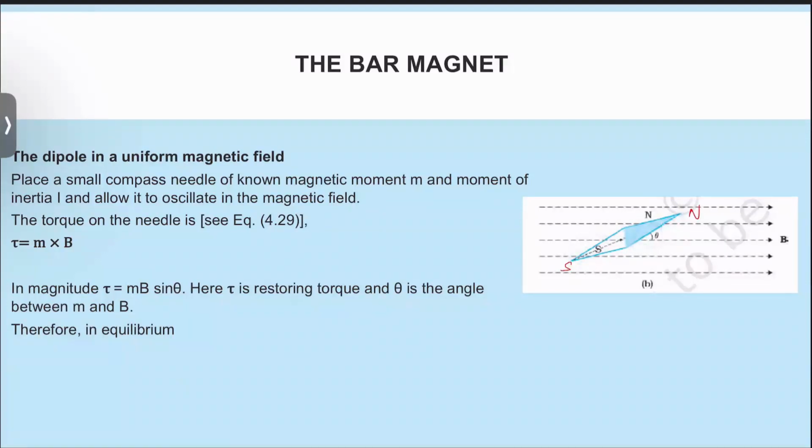There is a moment of inertia associated with this compass needle, as well as a magnetic moment. Your magnetic moment is m, and your moment of inertia is I.